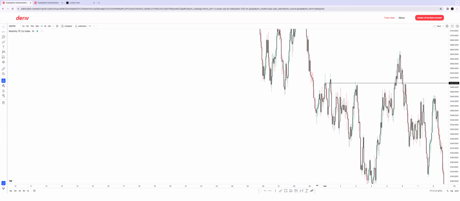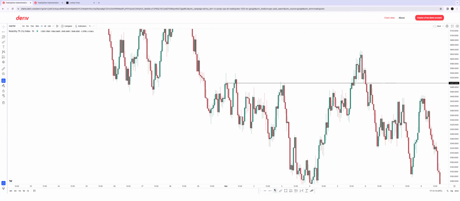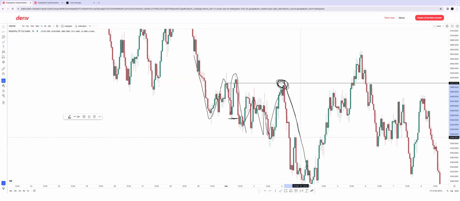So what happened is that price was creating lows. We made a high, we made a low, we made a high, then we came to break structure right here. After the break of structure, price made some lows, but price came back to respect on our invalidation point. That's when we had this sell trade right here.